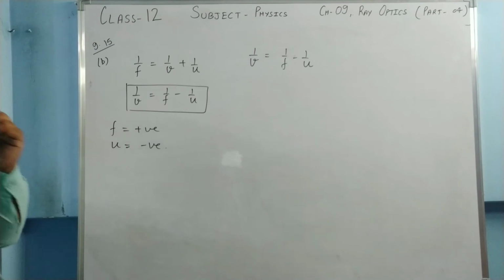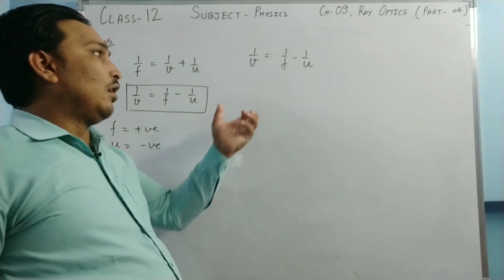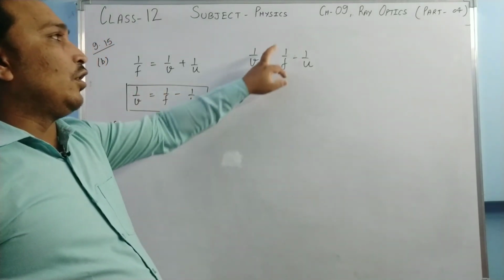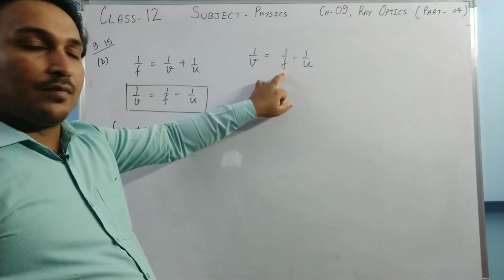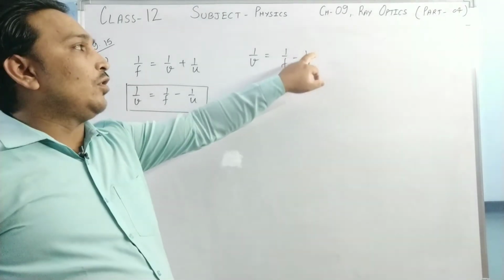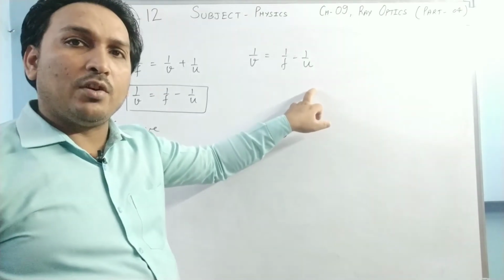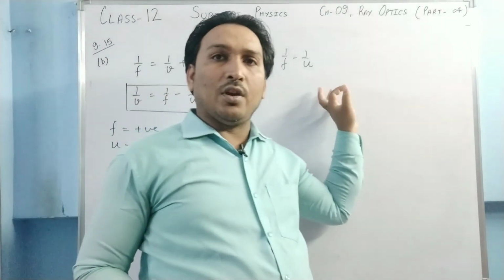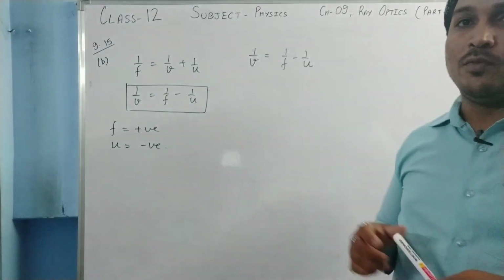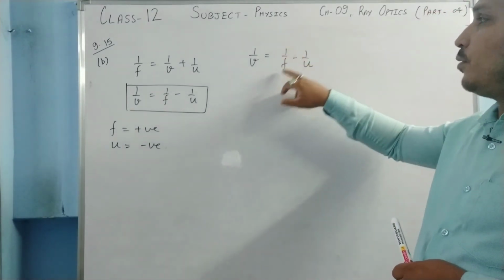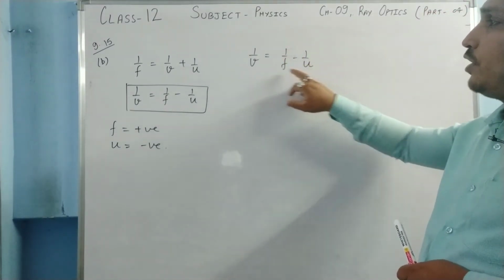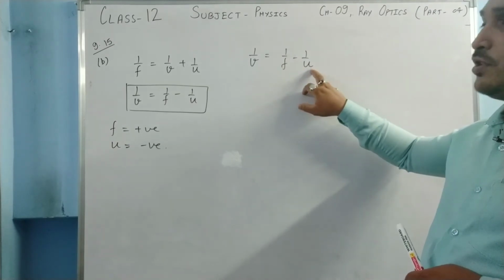From the formula, 1 upon f is positive, minus 1 upon u is also positive, because u is negative, so minus 1 by u is positive. A positive number is added to a positive number.